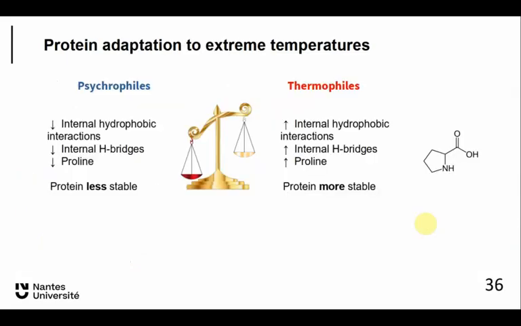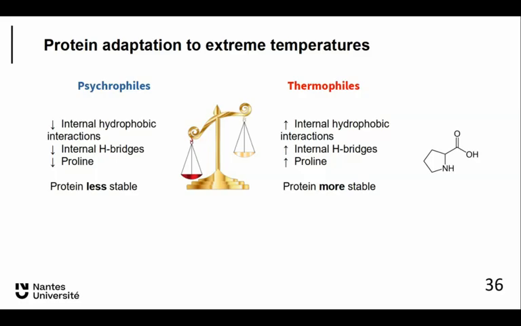So how do bacteria live at higher or lower temperatures? There are some interesting molecular adaptations that bacteria use. Psychrophiles have proteins and enzymes that have to function at lower temperatures. When you look at the structure of their proteins, you can see that they don't have so many hydrophobic interactions between amino acids on the inside of the protein.